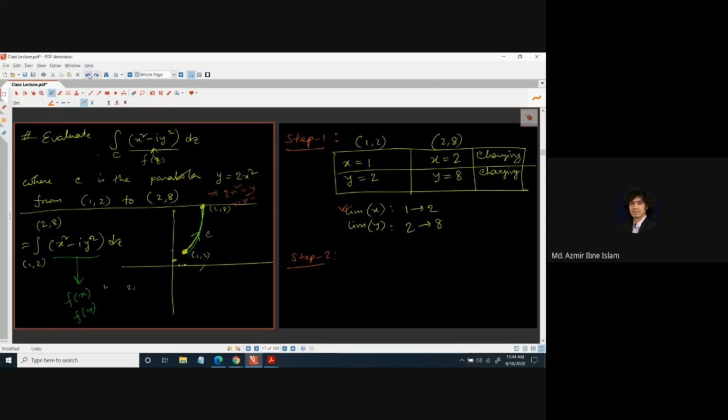Sometimes the y limit will be convenient, sometimes the x limit, and sometimes both. Is that okay? This time we are going to take x, but we can also solve the integral for y, though that will be more complicated. So we are sure that this time we are going to take 1 and 2 as the limit. That means x will be the limit, 1 and 2. This is sure. So now z.